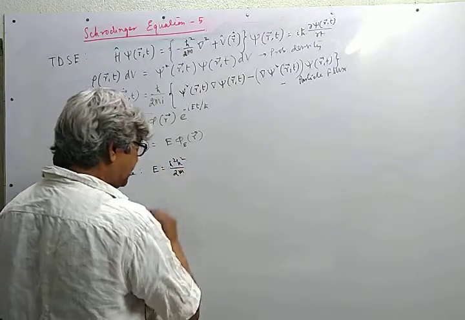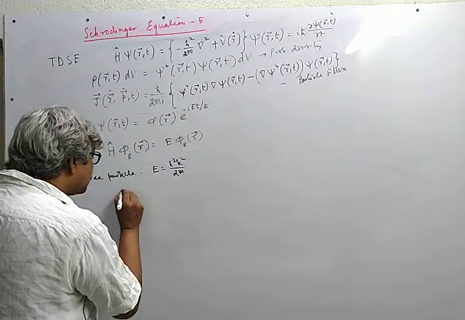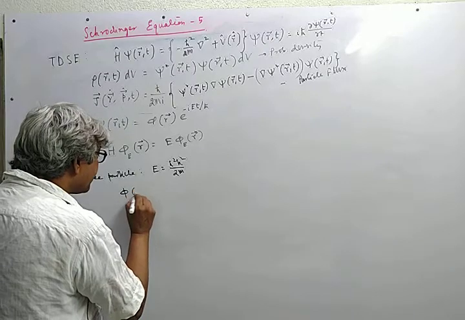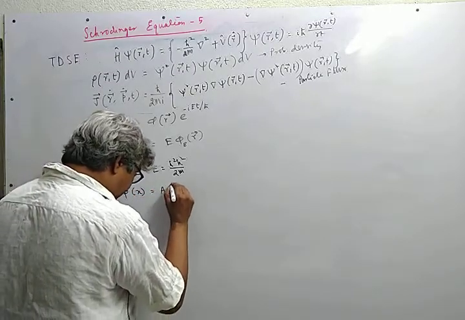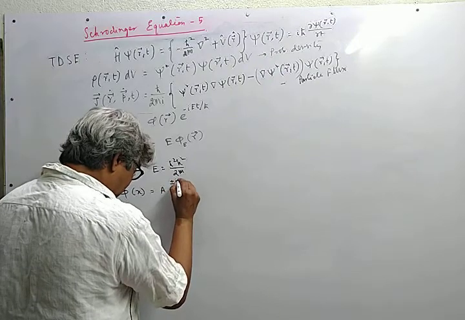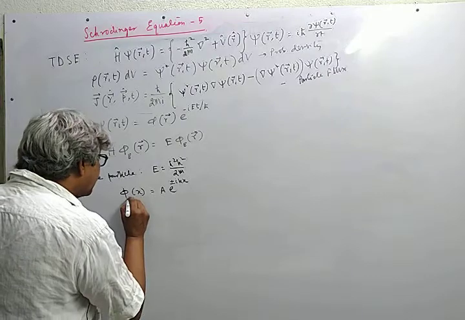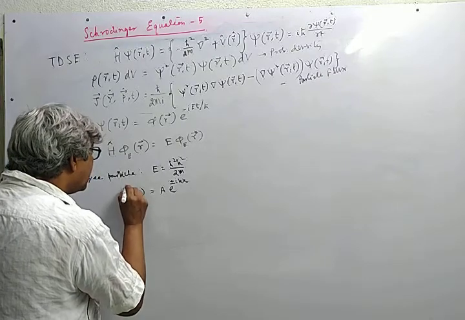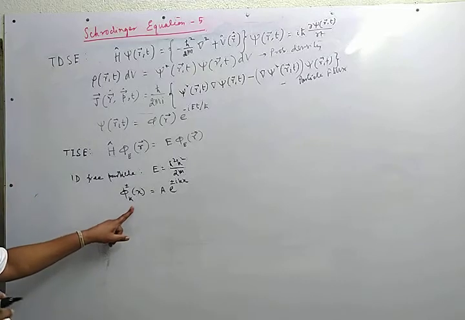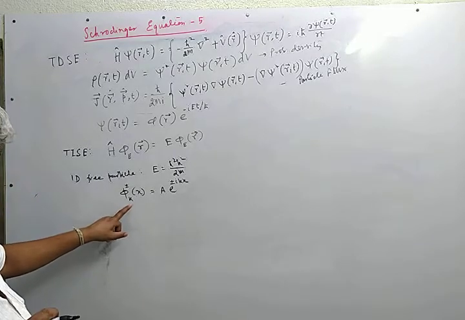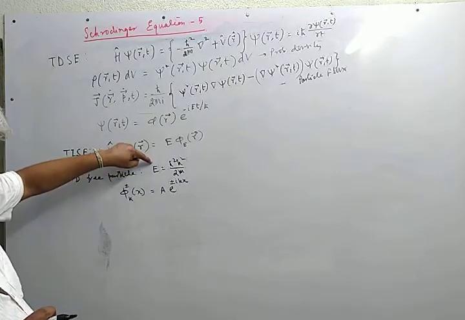There was no restriction, and the particle wave function was given, apart from some constant, by e to the power plus minus ikx. So we write it as phi k. It represents the plane wave having momentum k, or wave vector k. The corresponding energy is this.